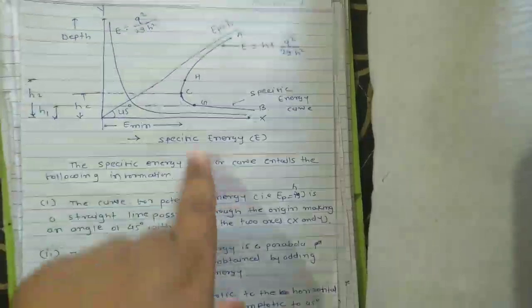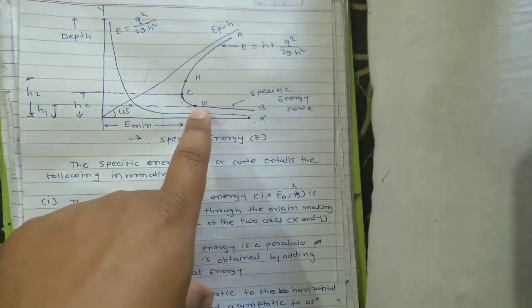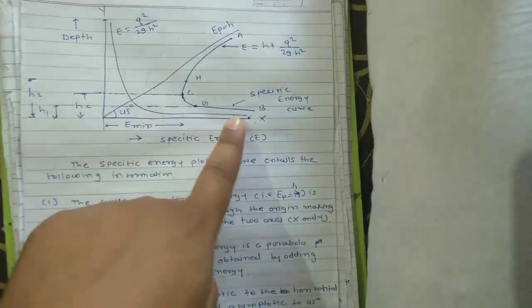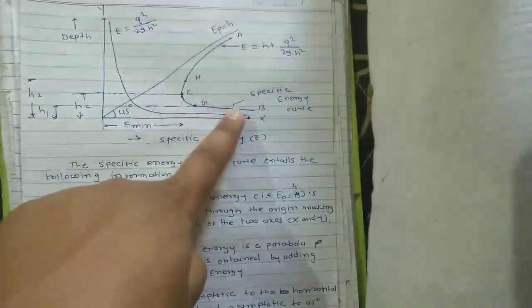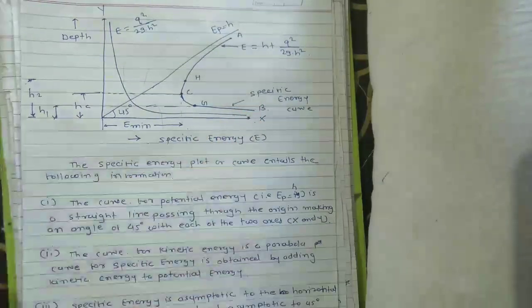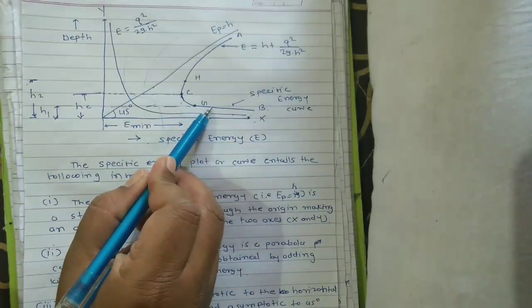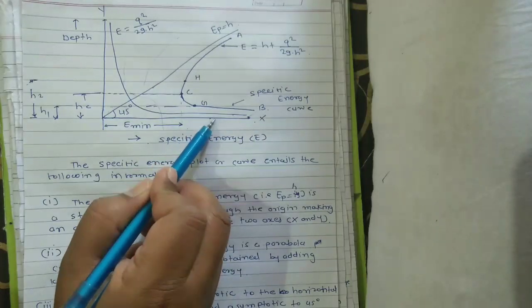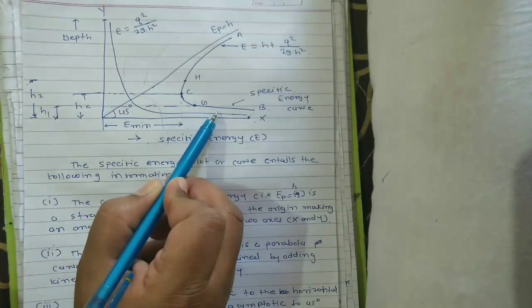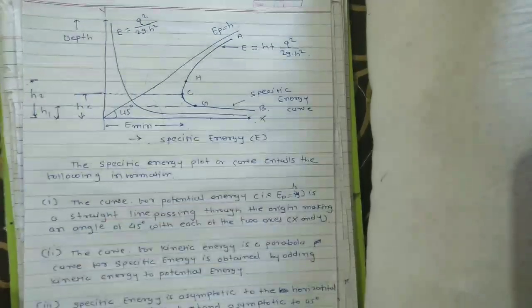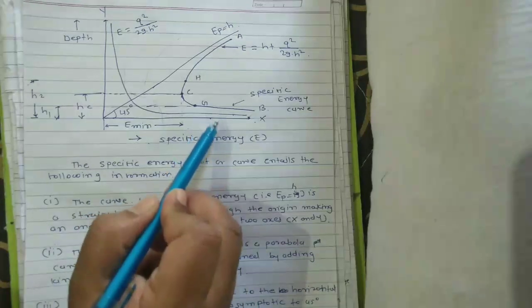It means, if you observe the specific energy curve and the horizontal axis x, these two lines never intersect, but they approach each other. That property is called asymptotic.